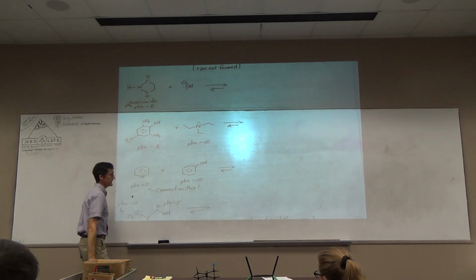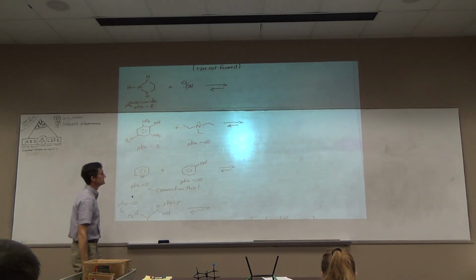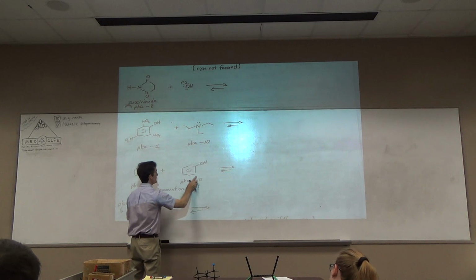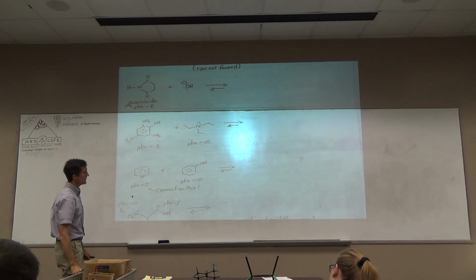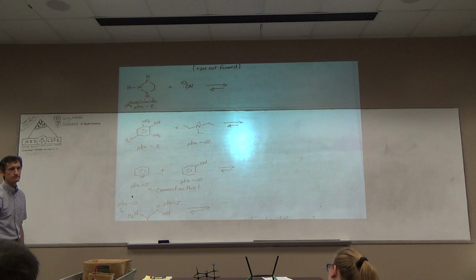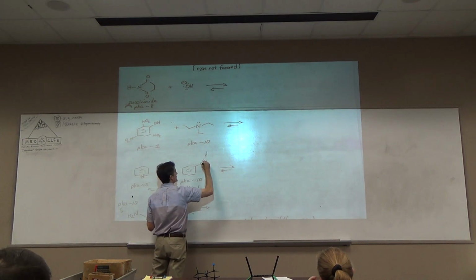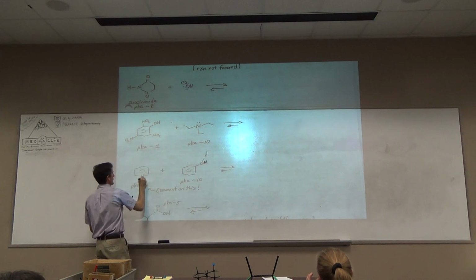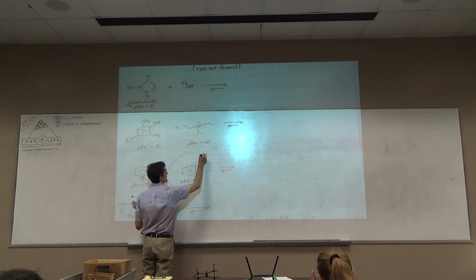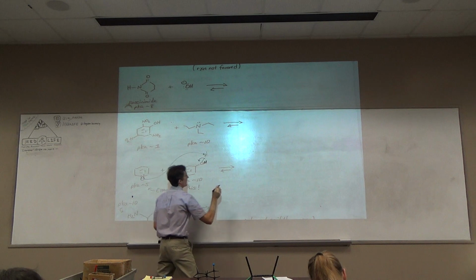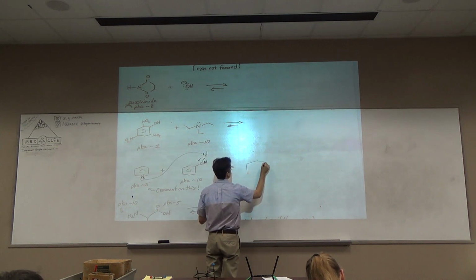Where do you want to make the anion? Right here, right? Where's the most basic atom? H here. These electrons make a bond to H. These move here. What do we have?